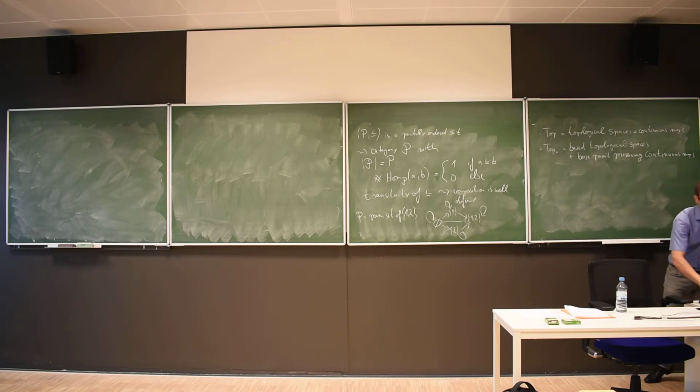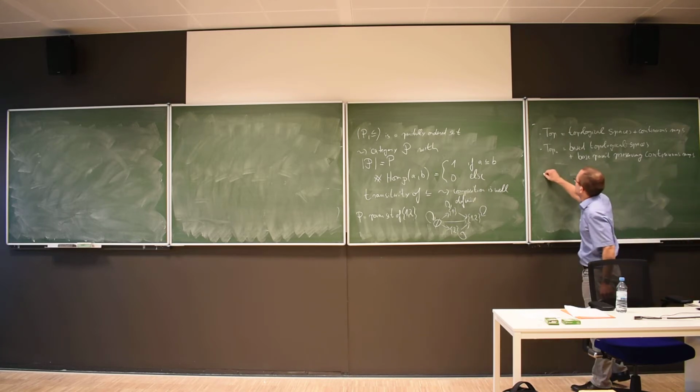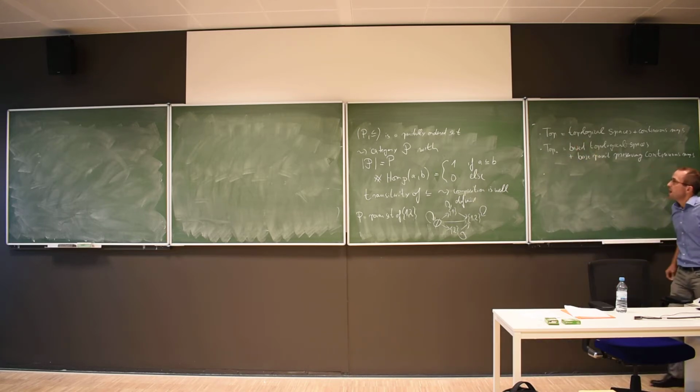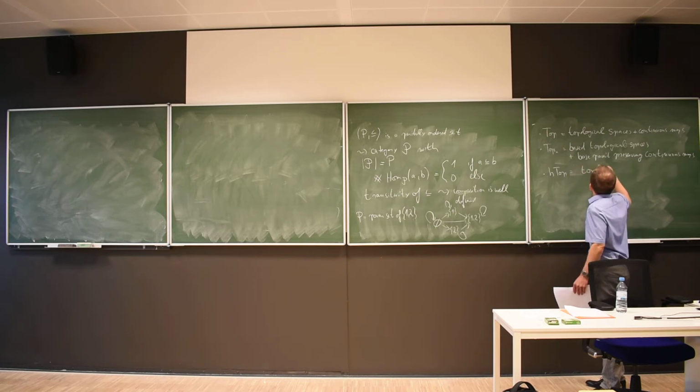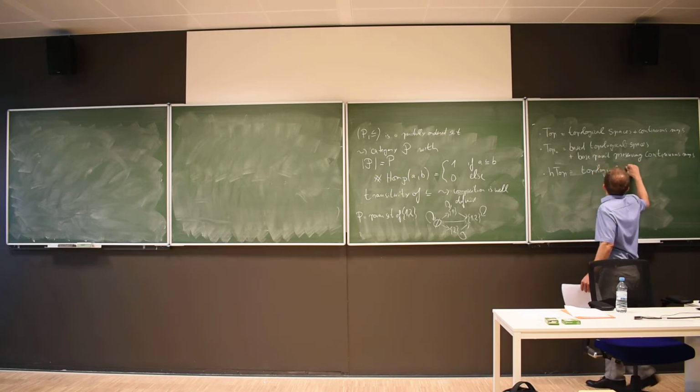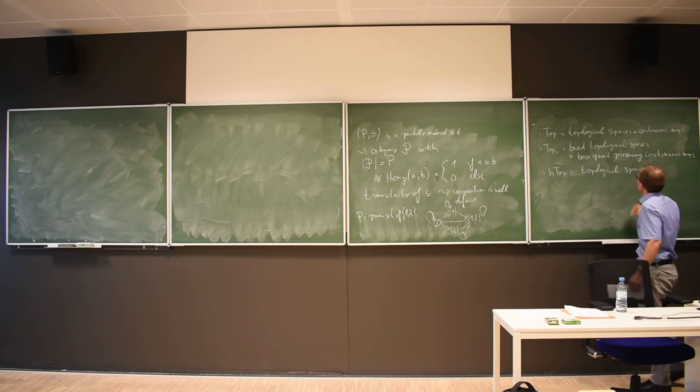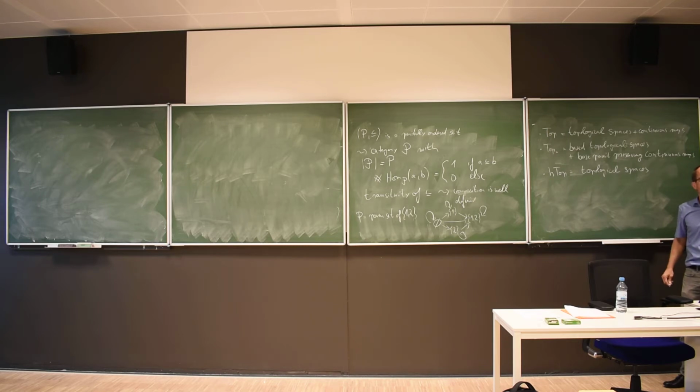And then there's a third example that belongs to these. And that's the so-called homotopy category of topological spaces. So the objects are still topological spaces, but now the morphisms are not continuous maps, but rather equivalence classes of continuous maps, modulo the equivalence relation homotopy.